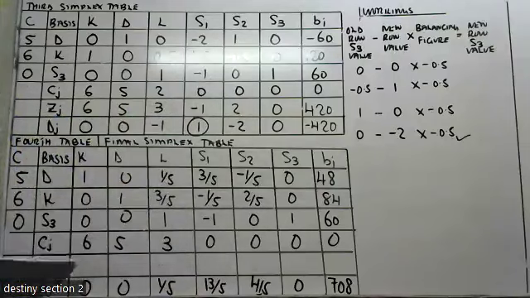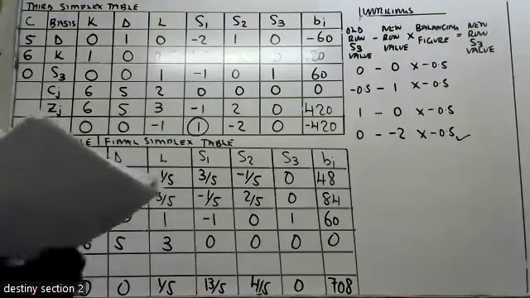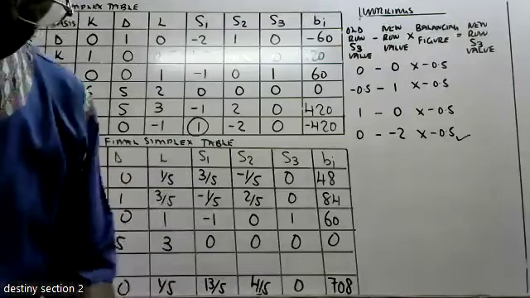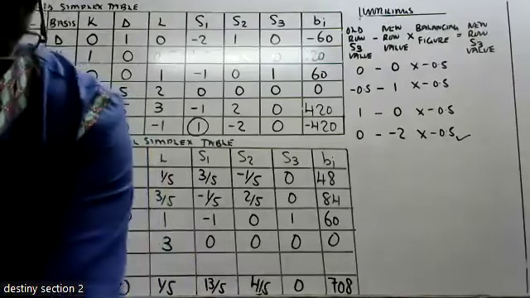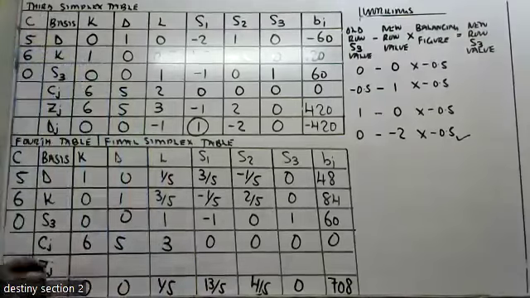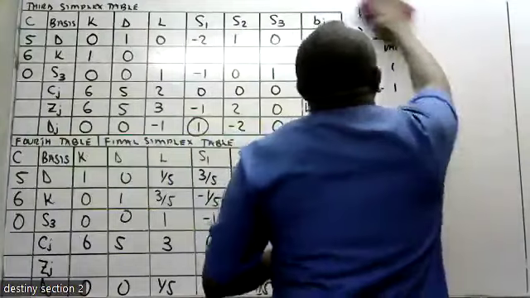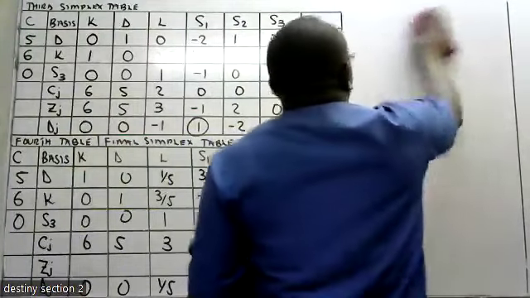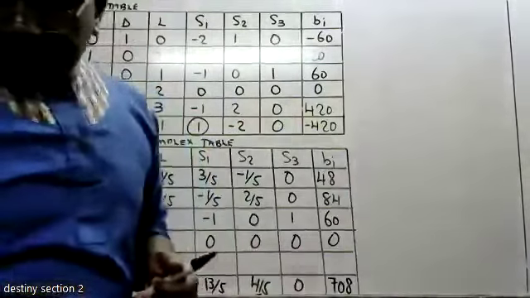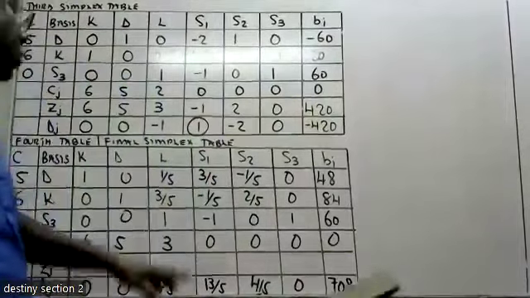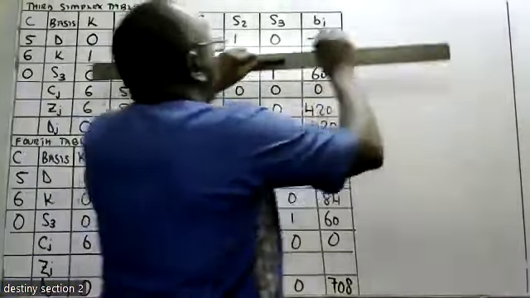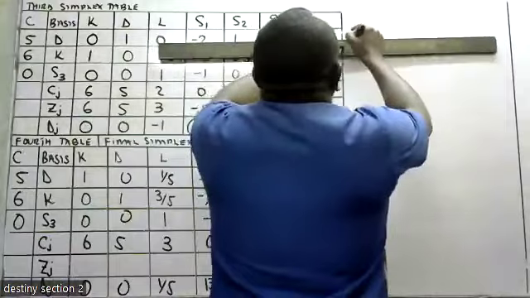Okay, now we need to interpret. And I'm only going to interpret two things which are in your syllabus. Whoever had set the question went a little bit beyond what we are supposed to teach you in the new syllabus. So once you have the table here, you now come and tell us the optimal production.